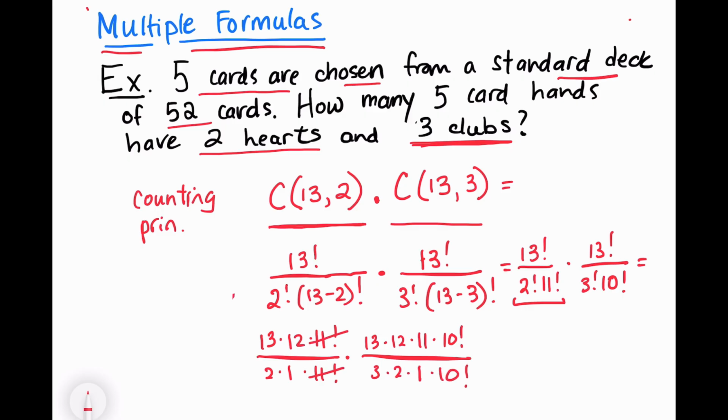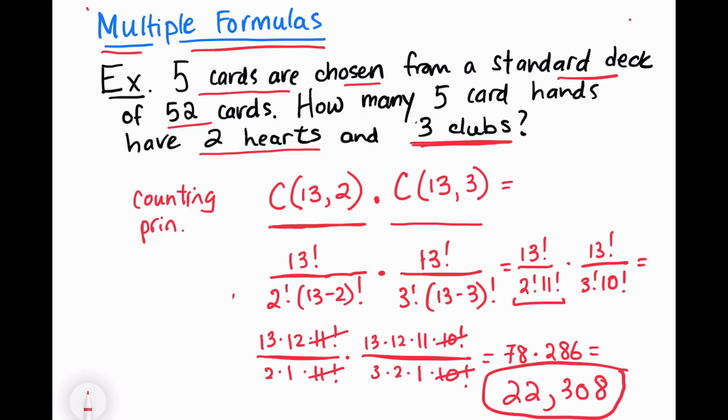So now I don't have any factorials, and I can simplify and cancel here. And I basically am going to get 78 times 286. So my final answer is 22,308. That is the number of 5-card hands with 2 hearts and 3 clubs.